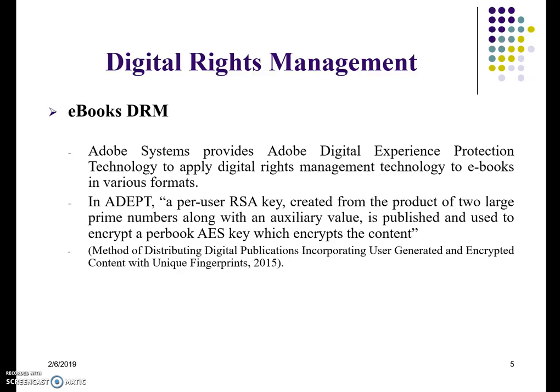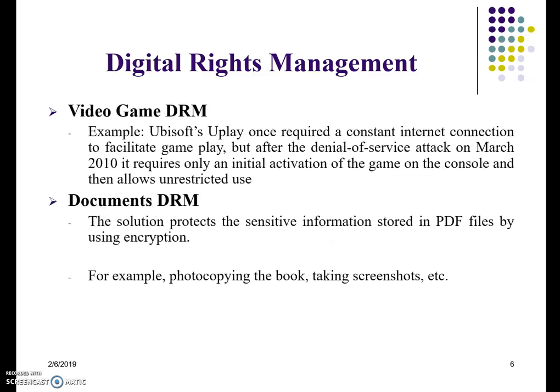In Adobe, a per-user RSA key created from the product of two large prime numbers along with an auxiliary value is published and used to encrypt a per-book AES key, which encrypts the content. ADEPT uses a combination of the Advanced Encryption Standard to encrypt the media content and RSA public key cryptography to protect the AES key.